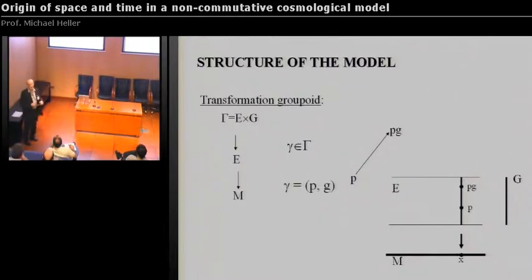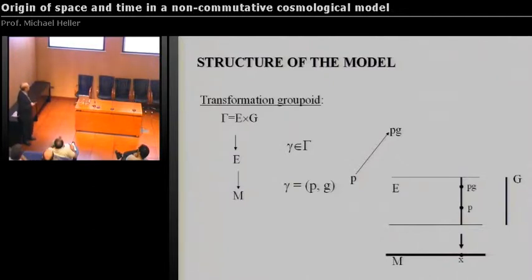I shall not go into the detail of the groupoid structure. It is enough for us to remember that this space gamma is a groupoid, and the elements of this space are pairs, of course. P is an element of E, and G, an element of the Lorentz group, is an element of capital G. So elements of this groupoid are pairs, which I'll denote here by gamma.